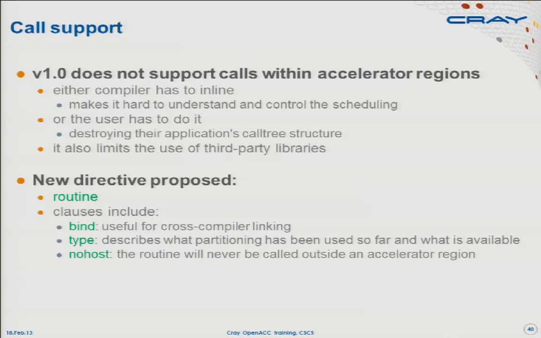Version 1 of OpenACC does not let you do calls inside accelerator regions. Everything has to be inlined by the compiler or by hand. The compiler is better, but it's hard to understand what it did when it's inlined all this code. The user doing it is bad because it destroys the call tree. It also limits the use of third-party libraries.